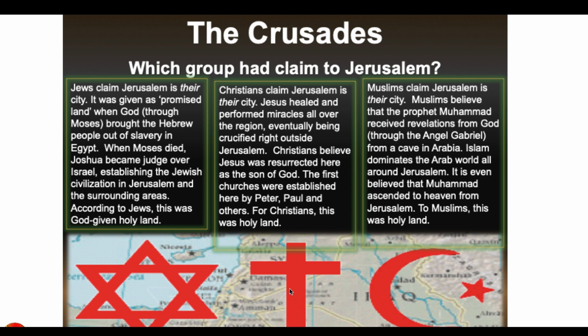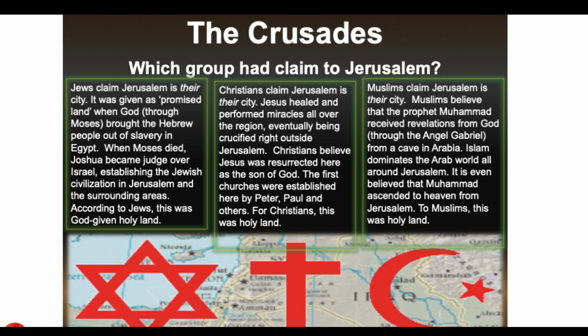Christians, you see the cross here, believed that this is where Jesus performed his miracles and lived his life. This is the area where Jesus was resurrected according to their religion, meaning that he had risen from the dead. This is where the first churches were started according to Christianity. This area meant a lot to Christians.